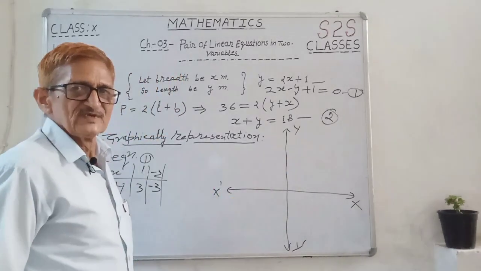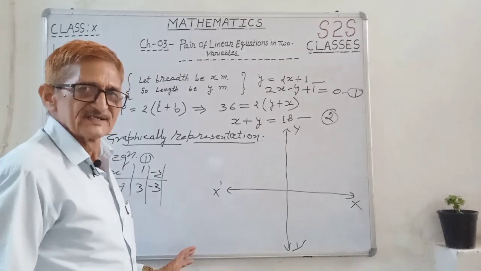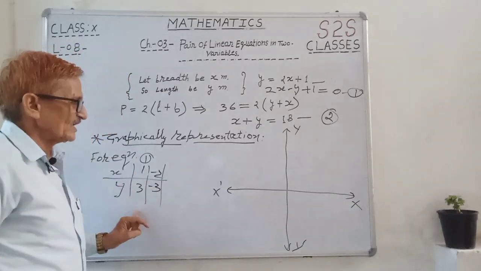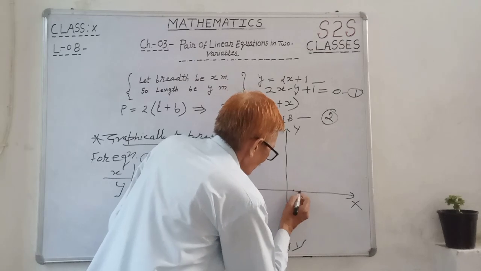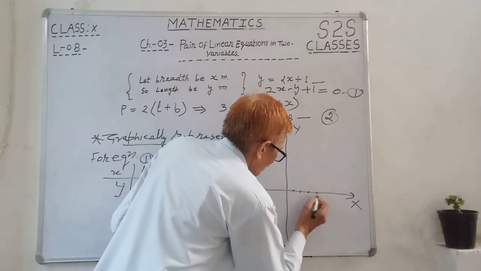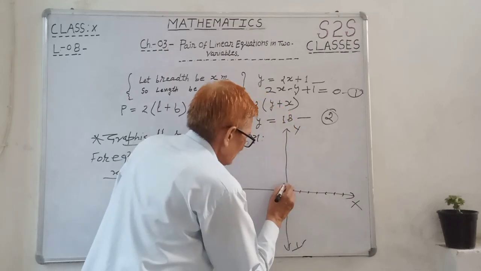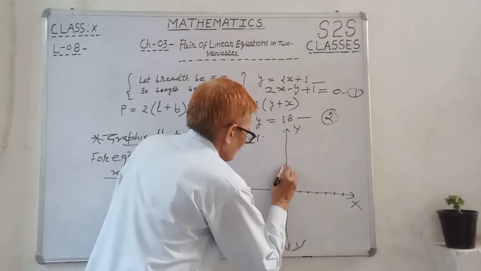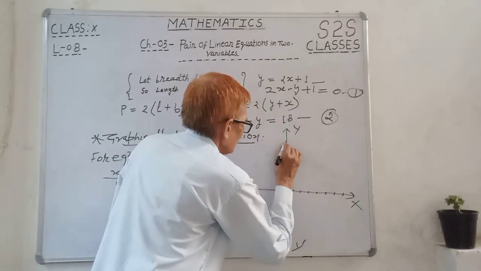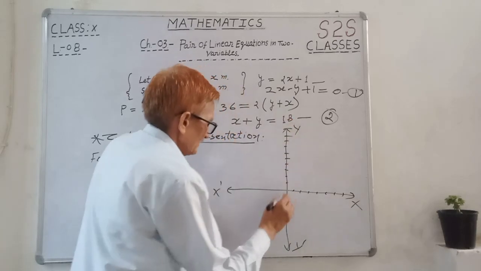So if first point we want to plot, first point is here 1 comma 3. So make here point 1 2 3 4 5 6 7 and forward 1 2 3 4 5 6 7 8 9 10 and forward.